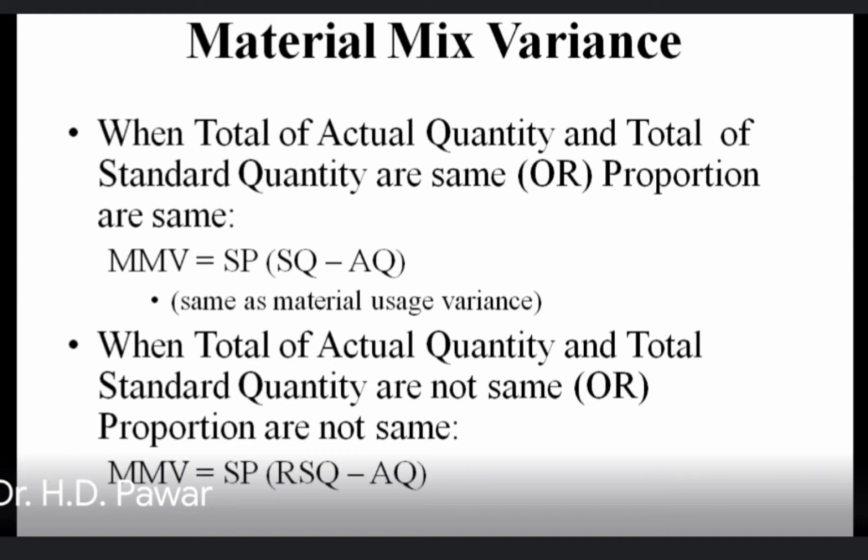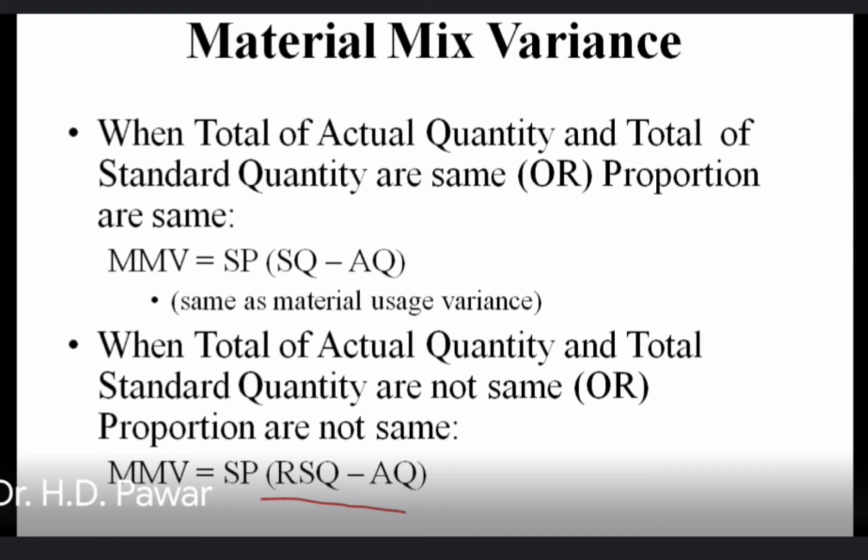In this situation, MMV is equal to standard price into bracket revised standard quantity minus actual quantity. Here RSQ means revised standard quantity. So this formula is used when totals are not the same, when totals are unequal.